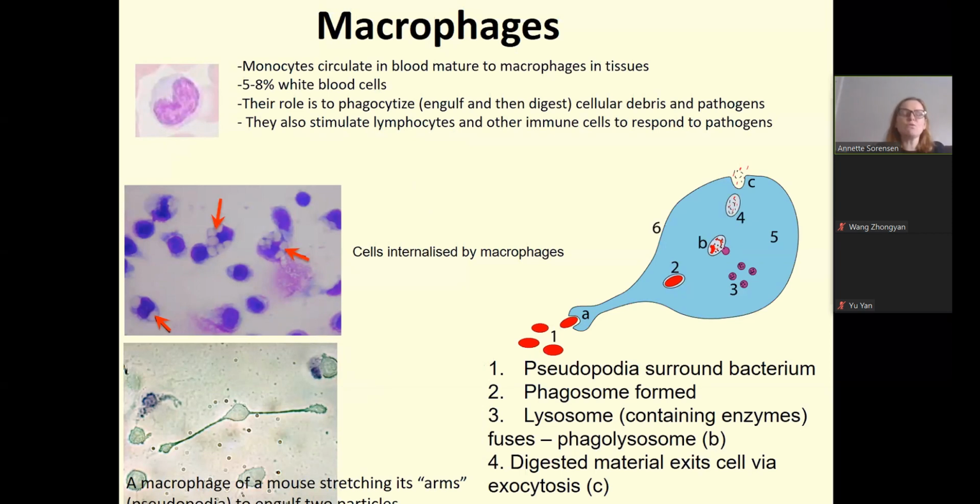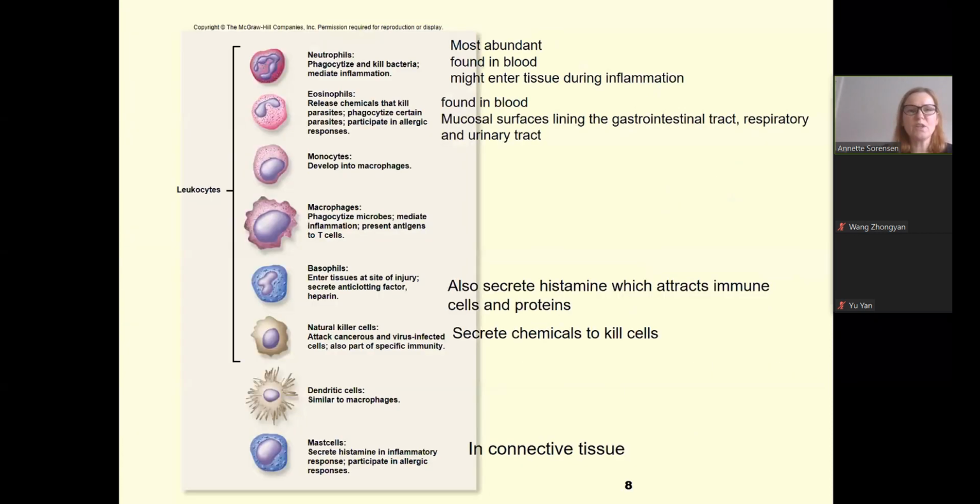It's also able to complex some of these fragments from the pathogen with what is called a major histocompatibility complex. Now that complex, you will see later on, is really important for presenting antigen to other cells of the immune system.